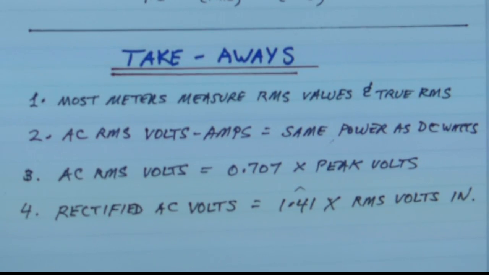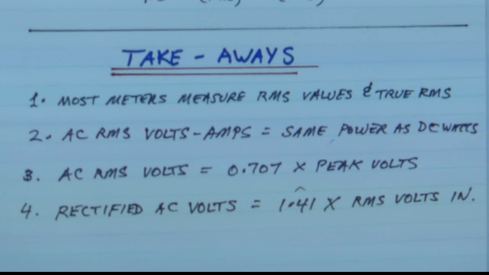The last point, I'm sorry, we're at the last point. Rectified AC volts is equal to 1.41 times the RMS volts in. Why do you need to know that? Well, because all of us deal with rectifiers when we're in radio work, and we must know that when you put an RMS voltage through to a power supply and there's a rectifier there, you're going to get 1.41 times the RMS voltage in coming out of that circuit.